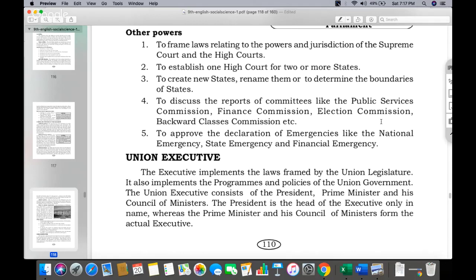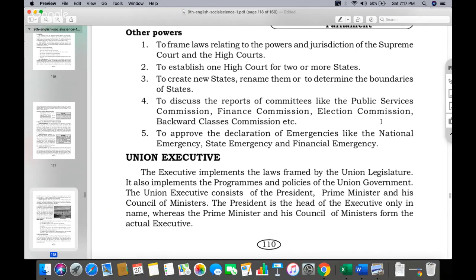Before that, 3-4 states were separated, like UP was separated into Uttar Pradesh and Uttarakhand. Bihar was separated into Bihar and Jharkhand. MP was separated into MP and Chhattisgarh. So who does it? It is only under the purview of union government to discuss reports like Public Service Commission, Finance Commission, all these reports, and it can declare emergency, that we already did.